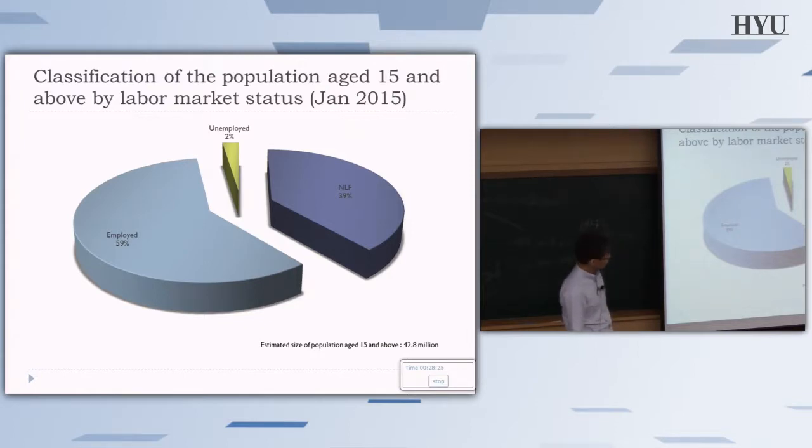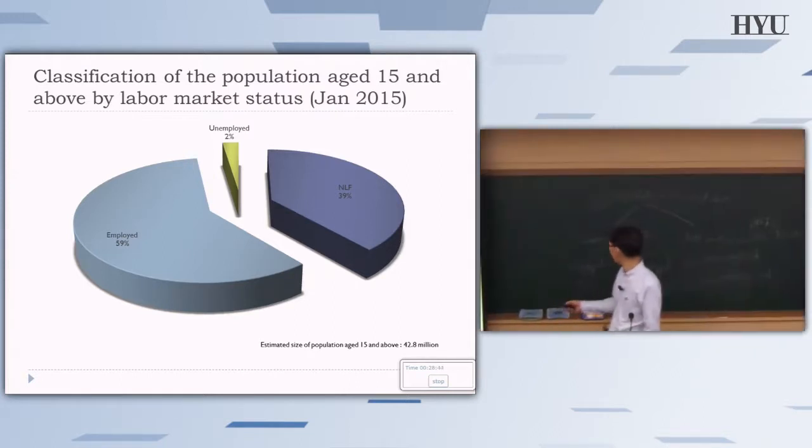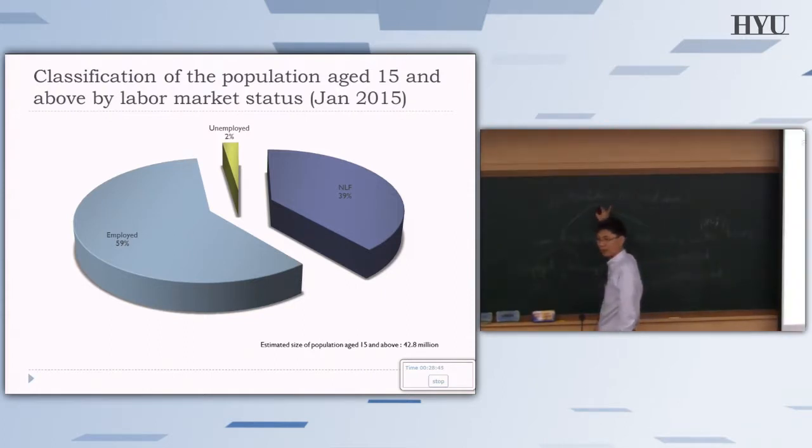First thing is the estimated size of the population aged 15 and above. This is estimated because obviously we have only a sample survey, so we have to estimate it. It's about 43 million. So we have about 43 million people in P.